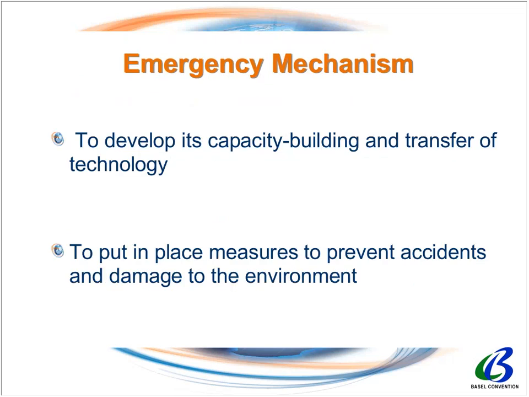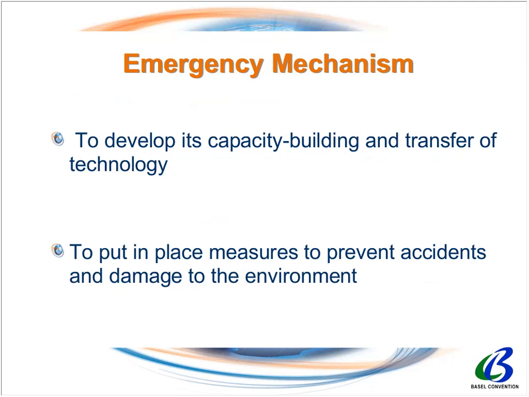The third part is to assist in the development of the capacity of the countries, done through capacity building and the transfer of technology if needed, and also to put in place measures to prevent accidents and damage to the environment. At the last Conference of the Parties, held just last May, they drew attention to this and requested the Secretariat to work more with the Joint Environmental Unit in order to have the prevention part for the future.